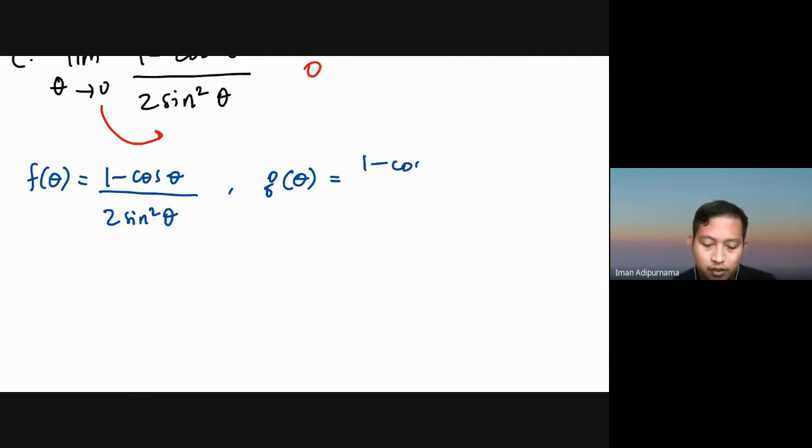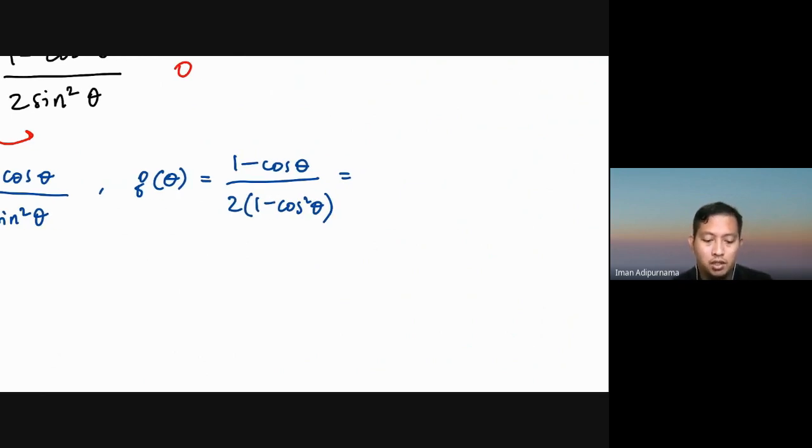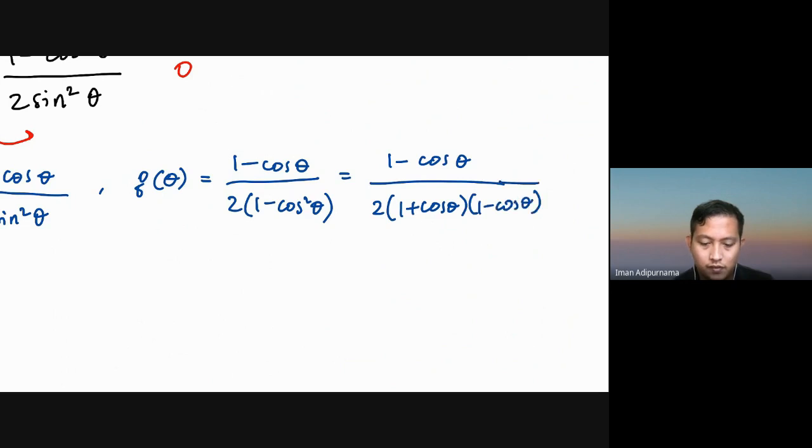So I'm writing here. This is to keep all the work from being mixed together. So here I can simplify this, and it will be 2 plus 2 cosine theta.